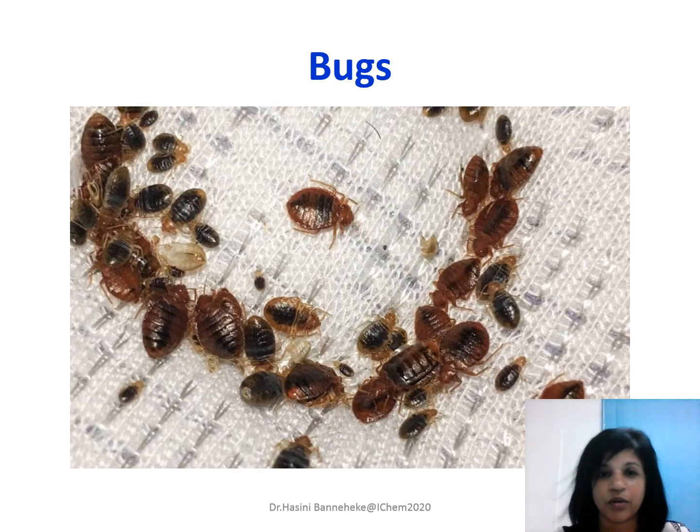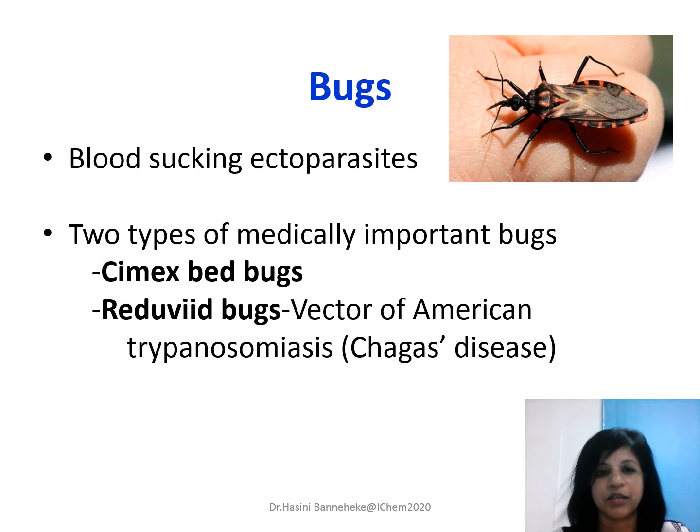So now we are moving on to bugs. Now these are the bugs that are prevalent in Sri Lanka. Most bugs are considered blood sucking parasites because they suck blood. Of the medically important bugs, there are two types that we generally talk about. That is Cimex, the bed bug that we all know, and the Ukuna.